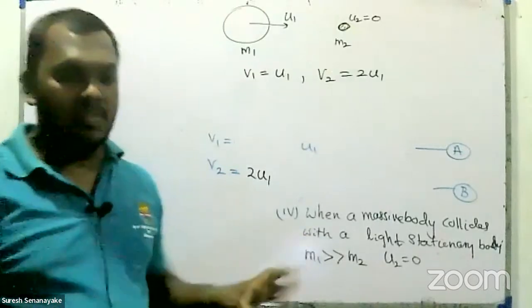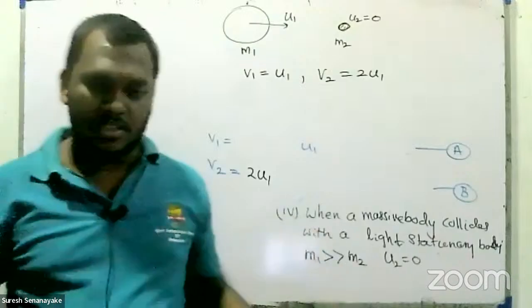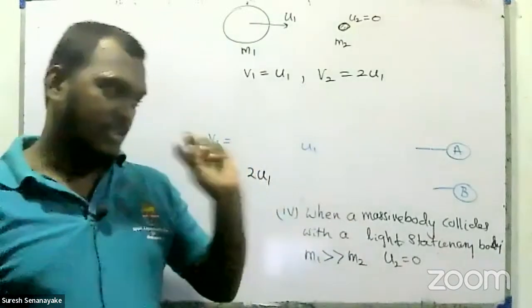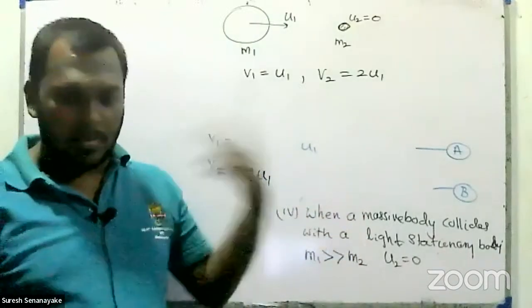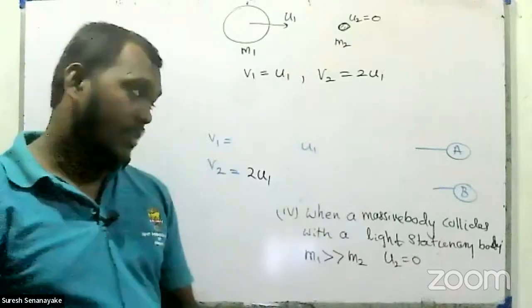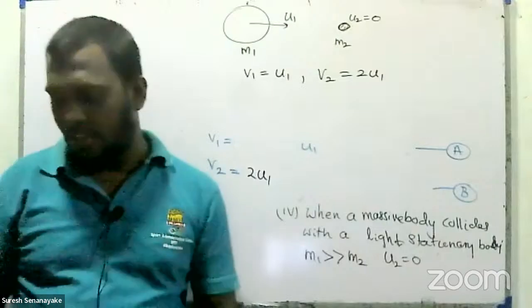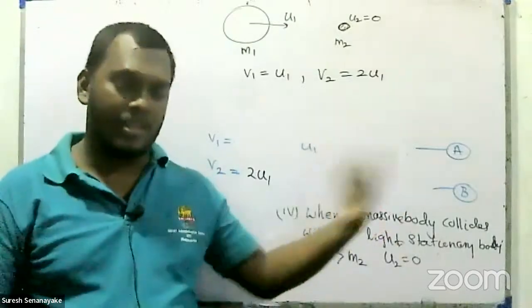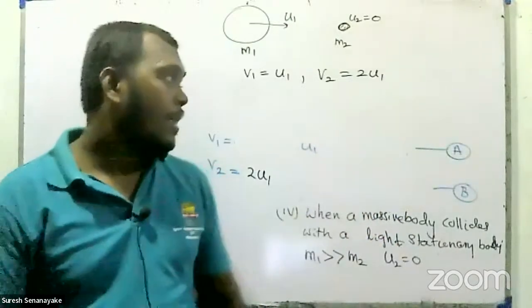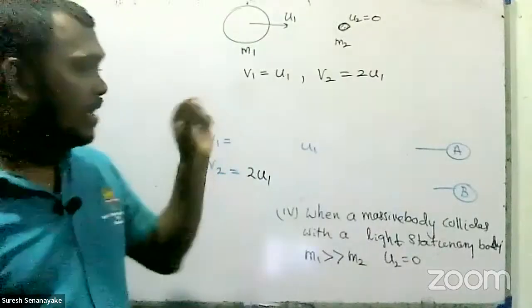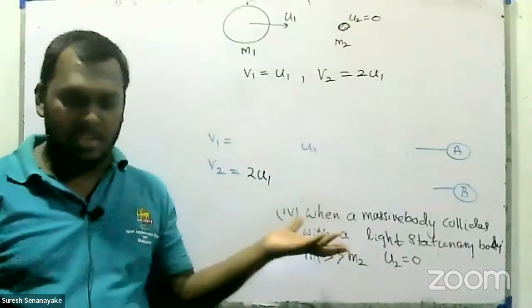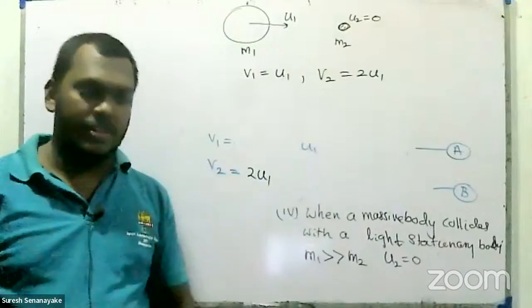If two masses are equal, the velocities are exchanged. If a body collides with a stationary body having the same mass, the moving body will stop and the other body will move with the same speed. And when the light body collides with the large stationary body, it will rebound with the same speed.